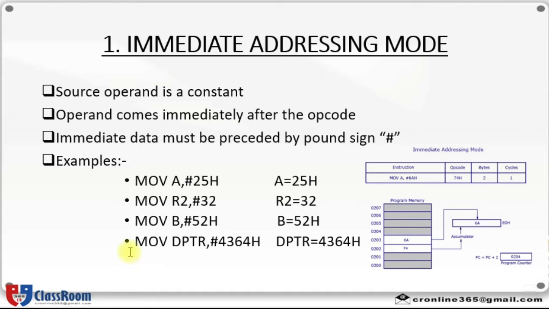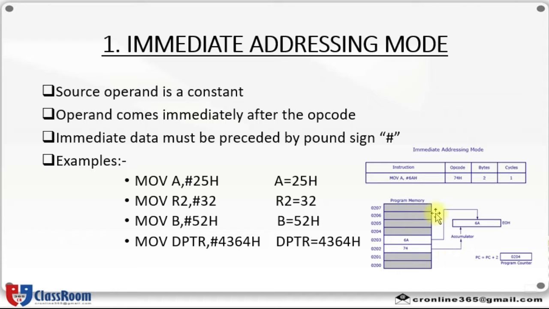Then how is this instruction executed? Consider MOV A, #6AH. MOV A will have one specified address, that address is 74H. You know that program memory is 16-bit wide. I have already taught the architecture in detail in my previous video.